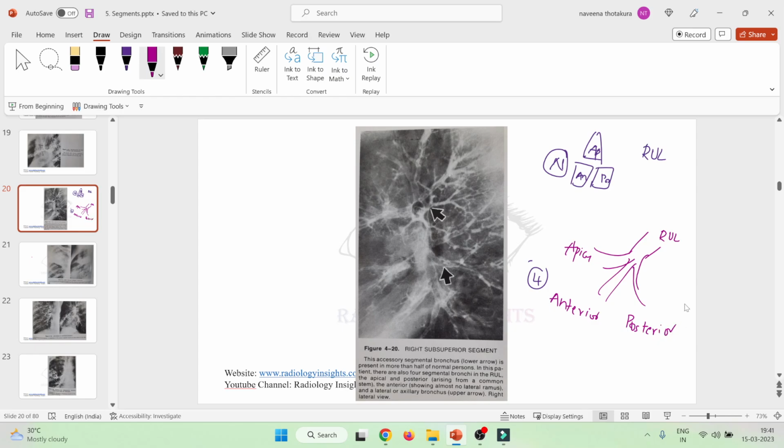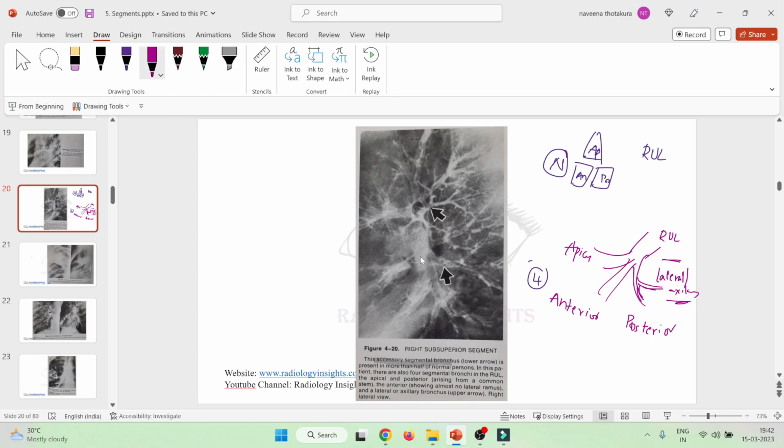Now, from this posterior segmental bronchi, there is one extra bronchus which arises and will supply the lateral or axillary region. Okay, it is seen in only 15% of individuals. So, this lateral segment with this ramus from the posterior segmental bronchi will give rise to the accessory subsegmental bronchus.